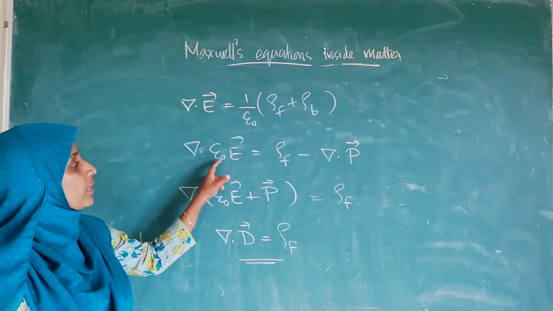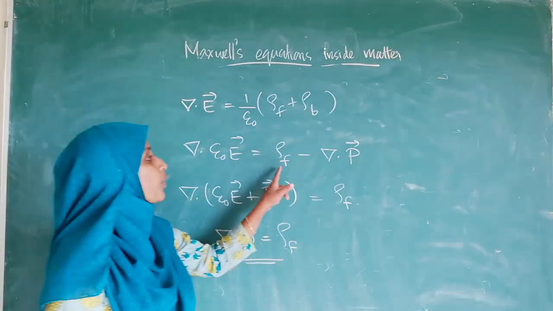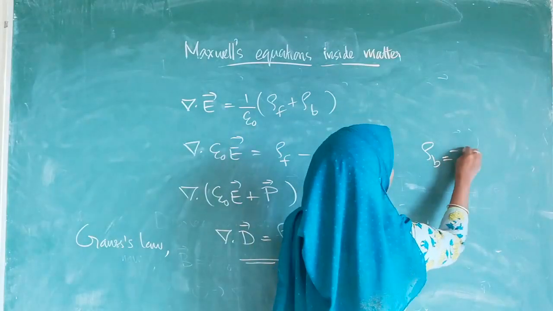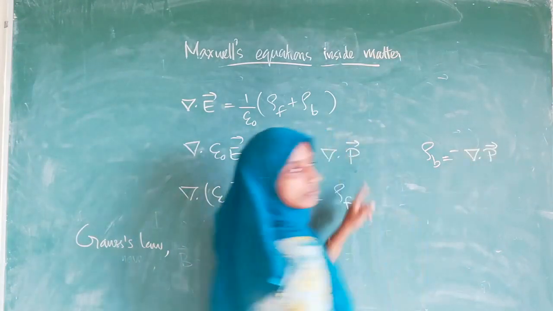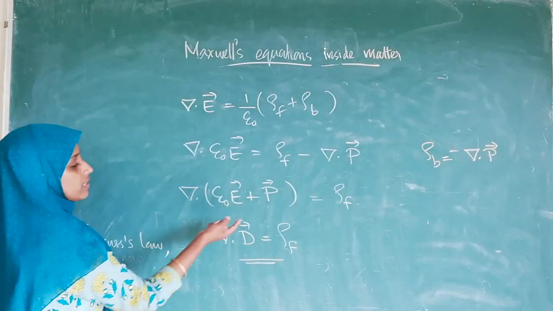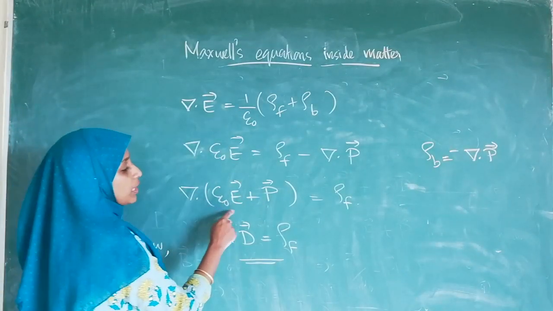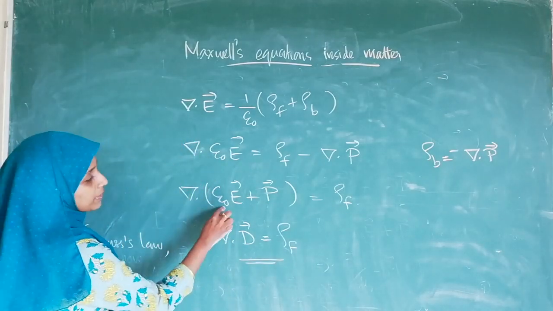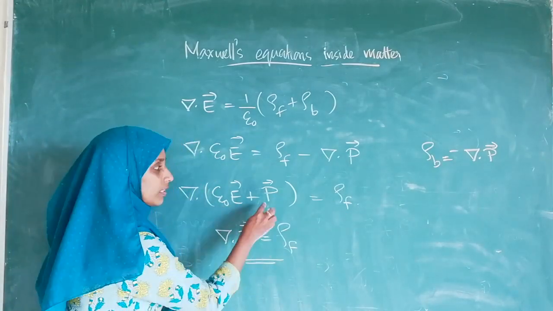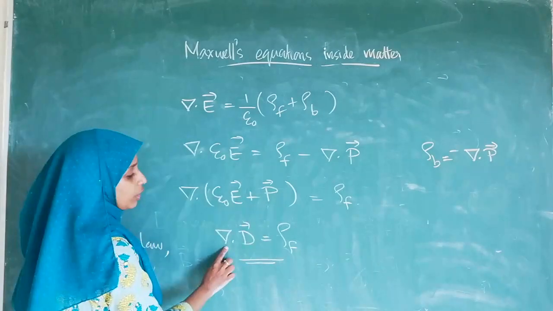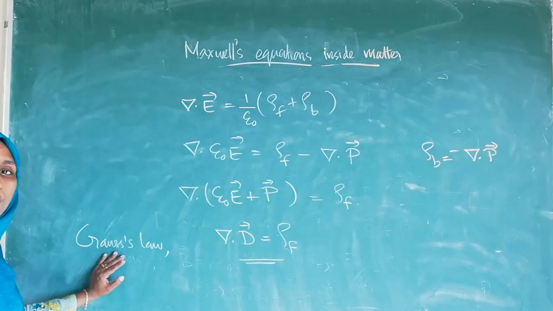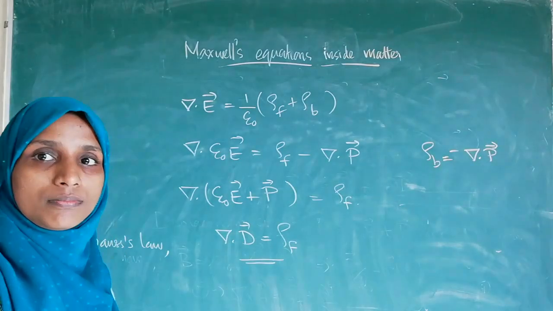That is ∇ · ε0 E is equal to ρf minus ∇ · P, where ρb is equal to minus ∇ · P. By rearranging, ∇ · (ε0 E plus P) is equal to ρf, and ε0 E plus P is the displacement field, that is ∇ · D is equal to ρf. That is how Gauss's law is modified in matter.